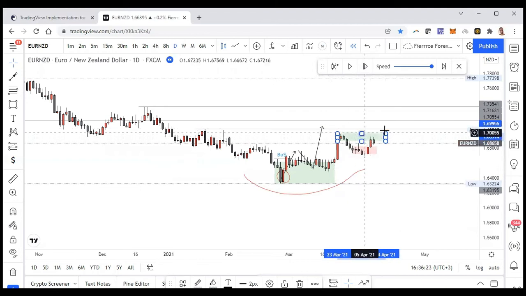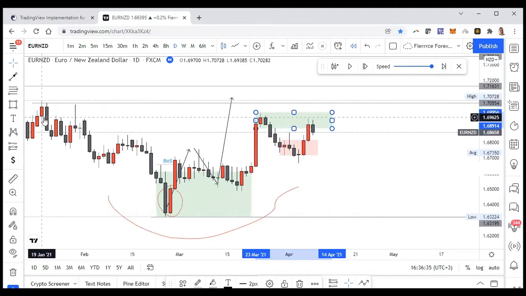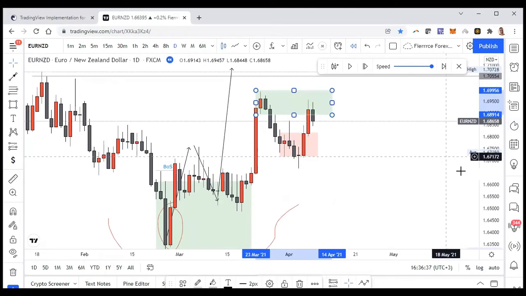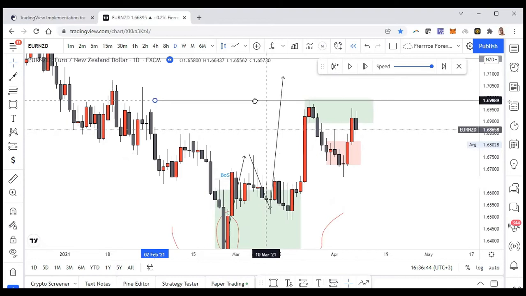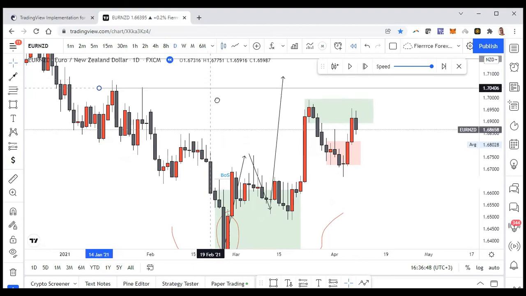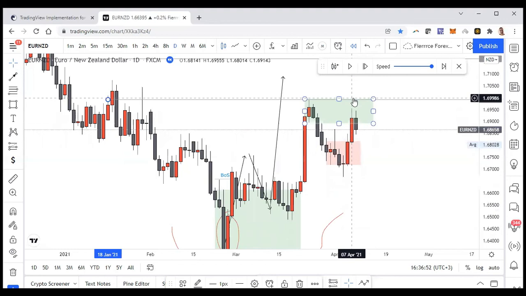Okay, so you see what has happened in this zone here. It has rejected. Now someone would be like, I want to come out, this would be my high, this is my resistance. Why? Because you've drawn a line up here, just so that I can show you guys why I don't trade resistance. Because if I put my resistance line up here, let's say based on this high here, price didn't get there.